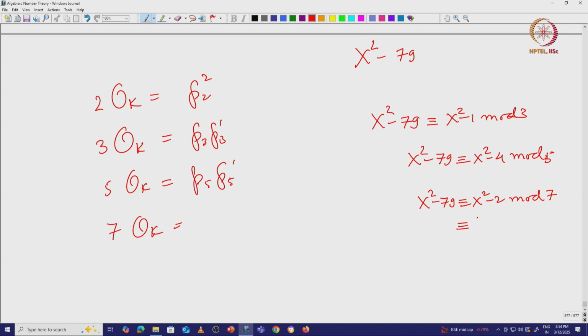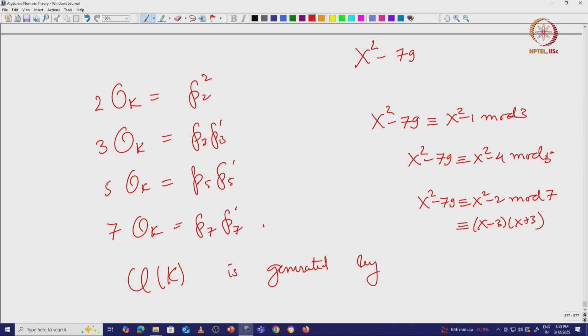So this is congruent to x minus 3 into x plus 3, right. So this is again P7 times P7 prime. Okay, so the class group of K is generated by P2, P3, P5 and P7.